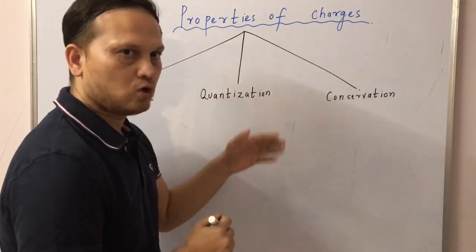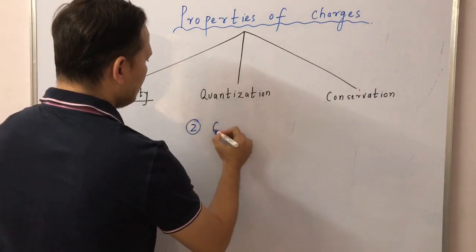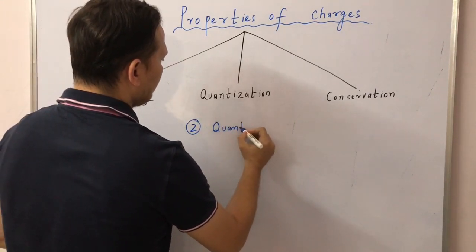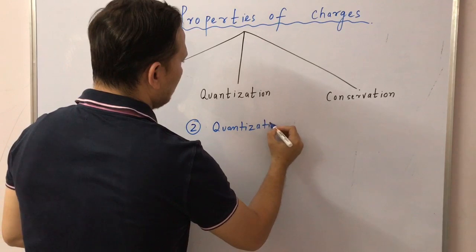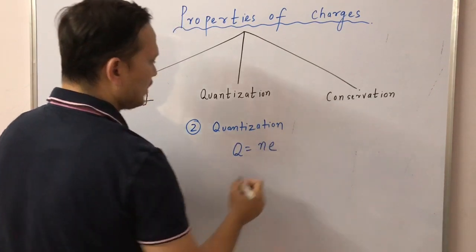Okay, so to know the second property of charges, quantization, we use a relation, that is Q equals n e.